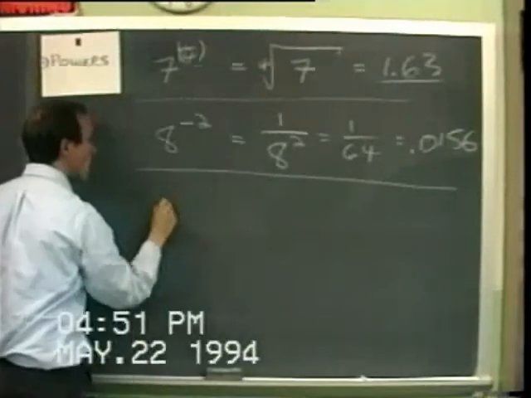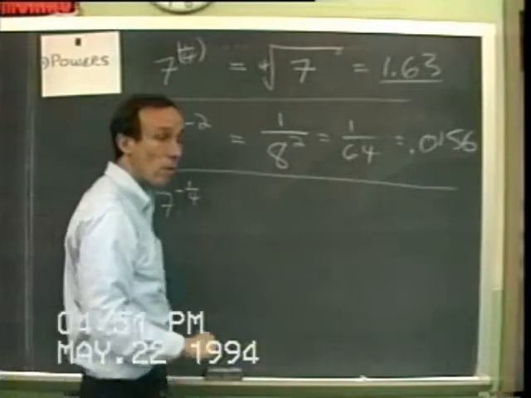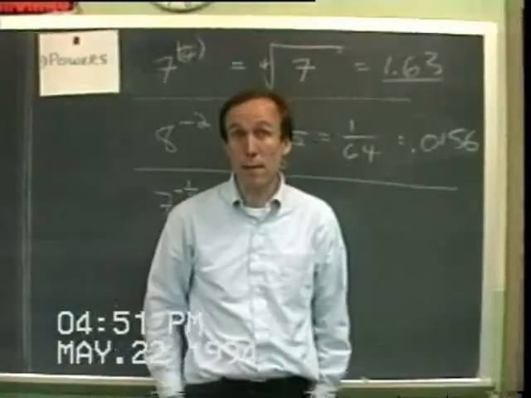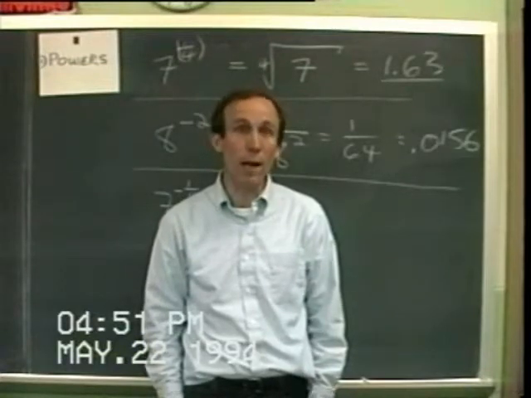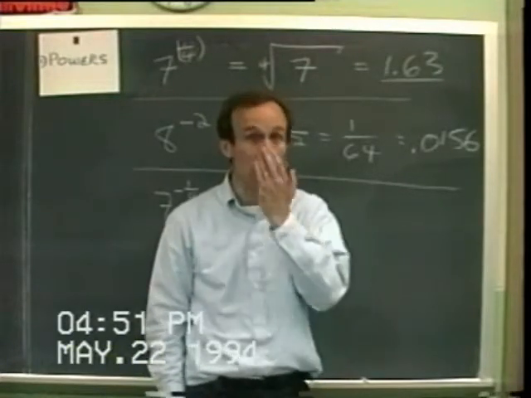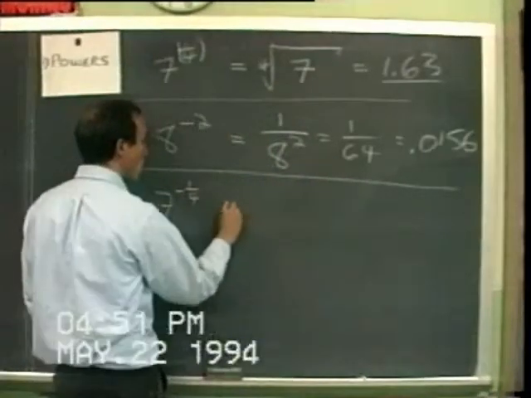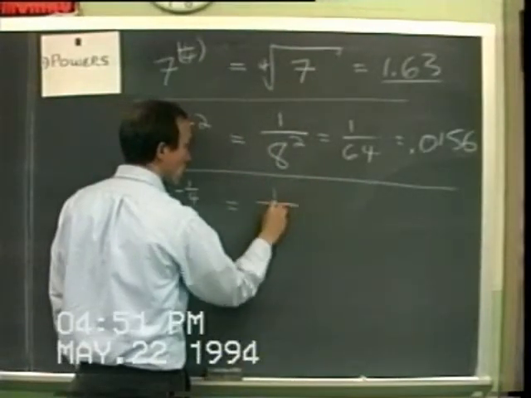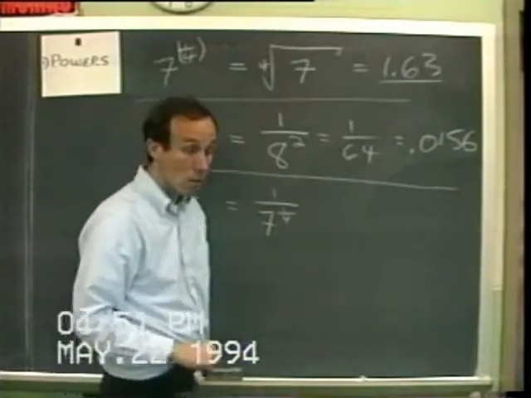Say this original example was 7 to the minus 1/4 instead of to the 1/4. I can evaluate it on my calculator the same way as before. Just hit 7 and then x to the y and then put in a negative 0.25 to get 7 to the minus 1/4. Or I should be able to recognize this is also the same thing as 1 over 7 to the 1/4.